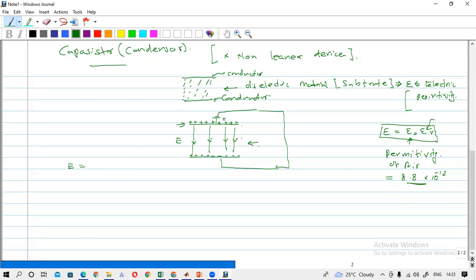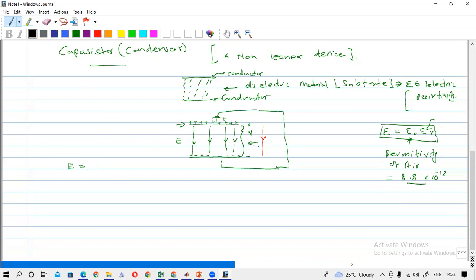So there should be a voltage difference between these two plates, plus voltage here and minus voltage here, and the voltage difference is in this direction.